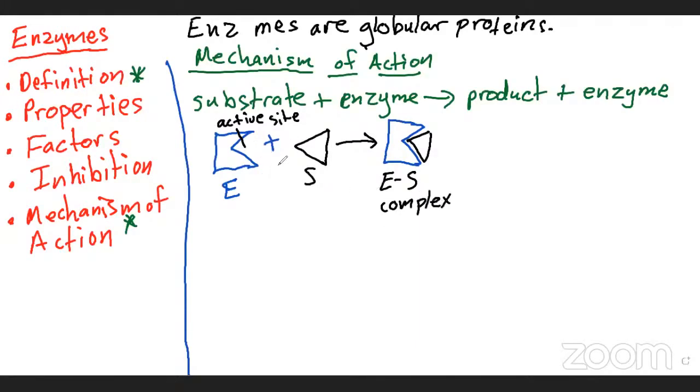So this is how the enzyme actually works. It binds with the substrate to form the enzyme substrate complex. This is where it actually works on the substrate and converts it into a product. The product will have a different shape from the substrate. So once this substrate is converted into a product, it is released.